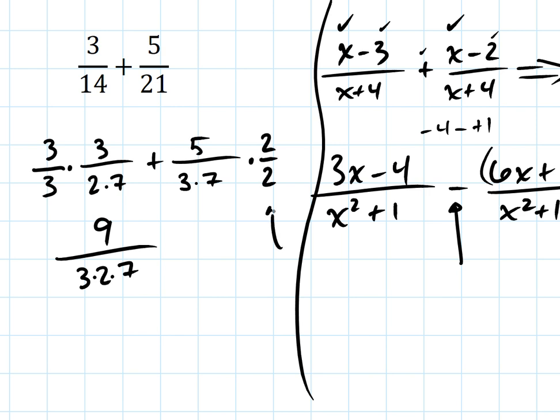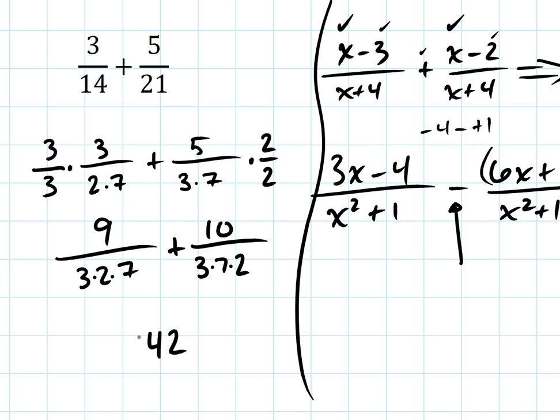And when I multiply it by the number 1, again, I'm just changing its form, not its value. So to this, I'm adding 10 over 3 times 7 times 2. So my common denominator here is 3 times 2 times 7. It's those three factors, which equals 6 times 7, 42. So my common denominator is 42.